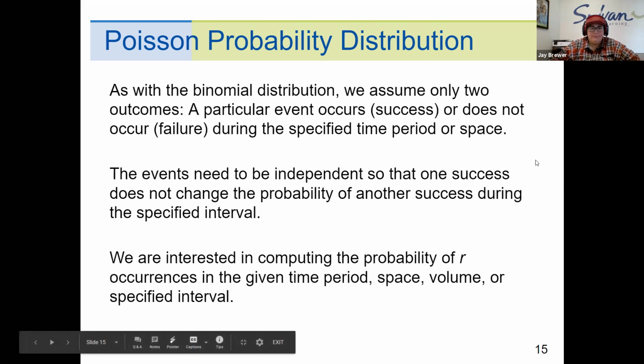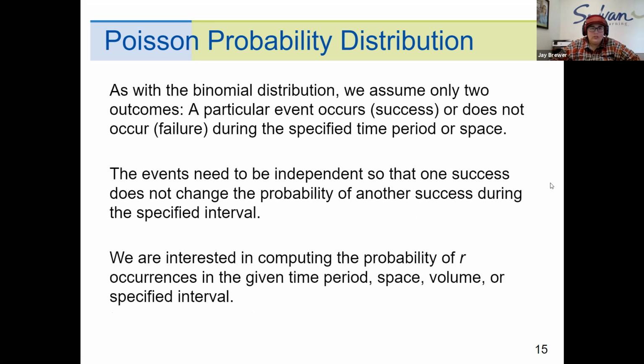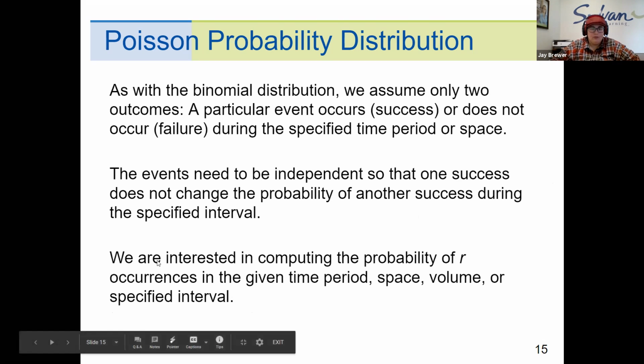Okay. So just like we have a success and a failure, a particular event occurs is a success and does not occur is a failure. The events need to be independent so that one success does not change the probability of another success during the specified interval.